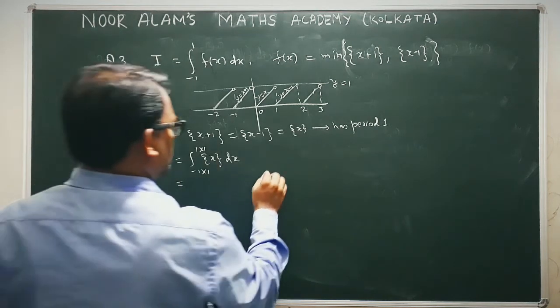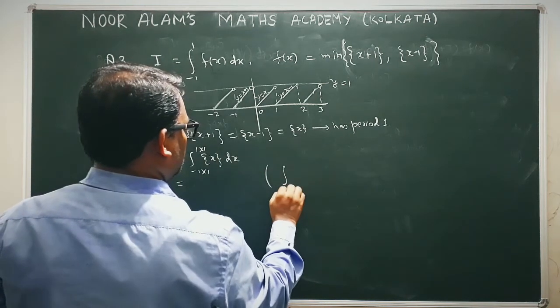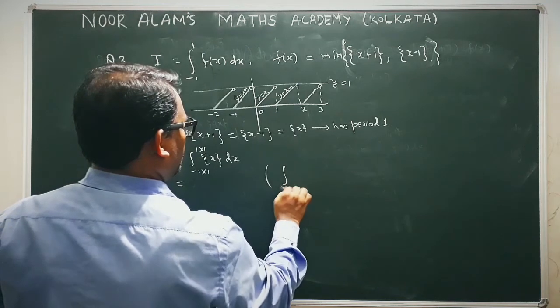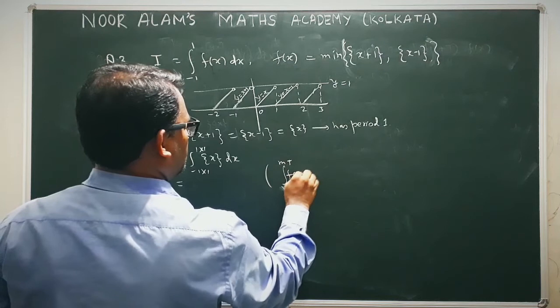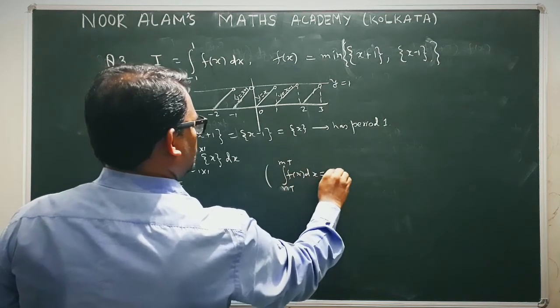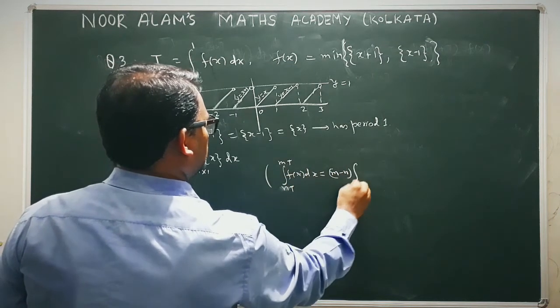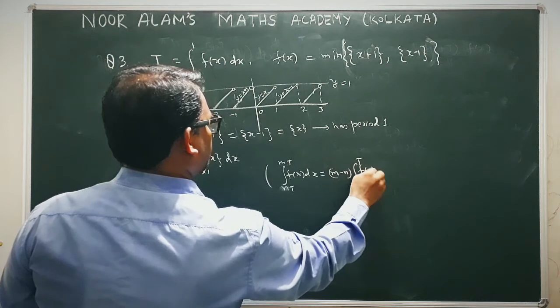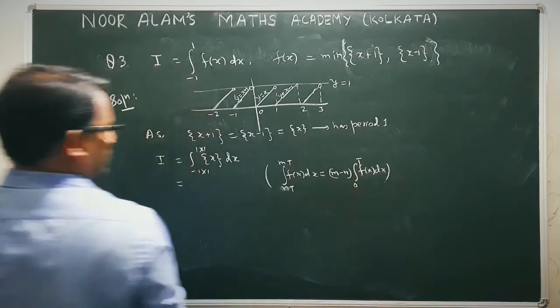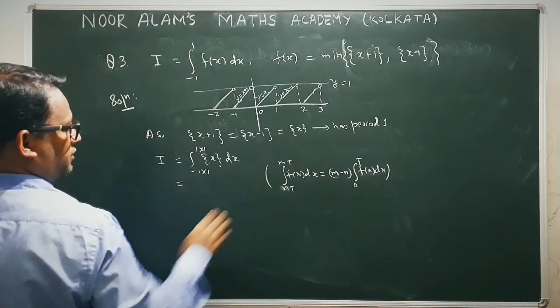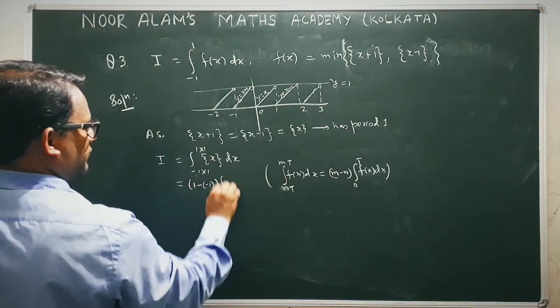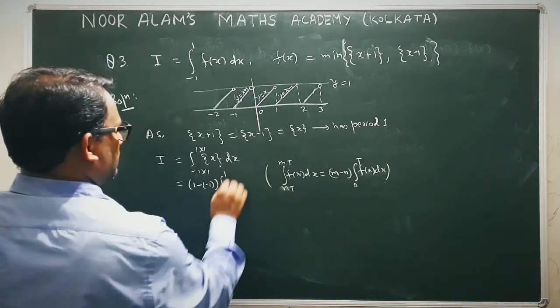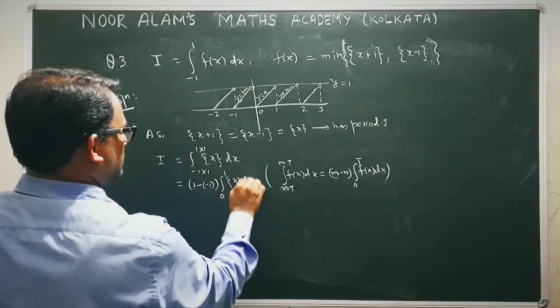And here I am going to use the formula, the integral from nT to mT, where n and m are integers, of f(x) dx, which can be written as (m minus n) times the integral from 0 to T of f(x) dx. Same logic I am going to use here. Our n is minus 1 and m is plus 1. So 1 minus of minus 1, the integral from 0 to the period, of the fractional part of x dx.